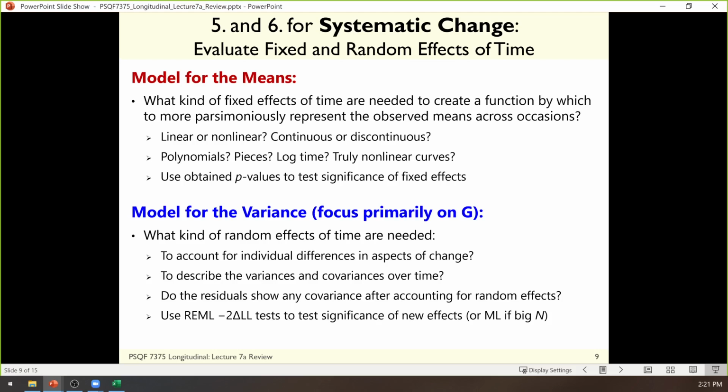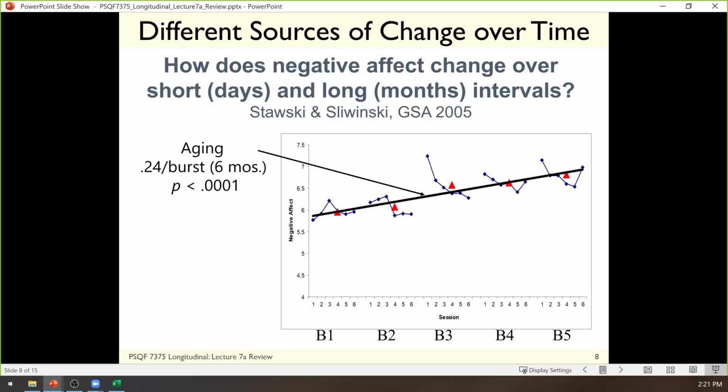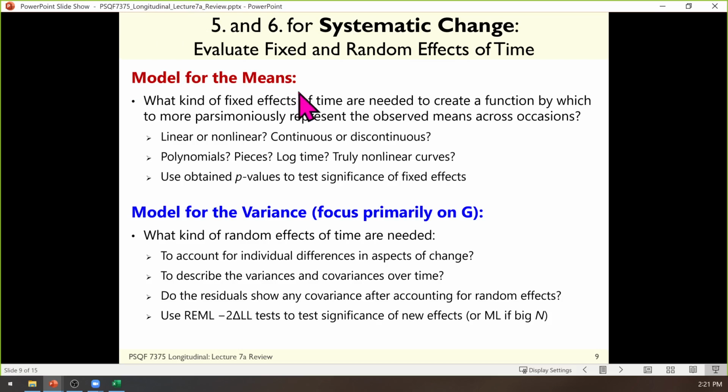What's going on on average is handled with fixed effects related to time. So what kind of fixed effects related to time do you need to accurately capture the trajectory of mean change across occasions? That's the question.